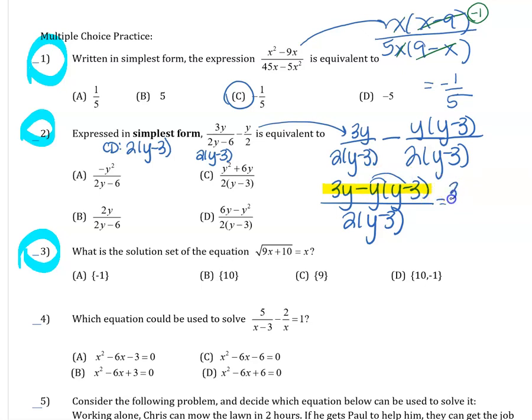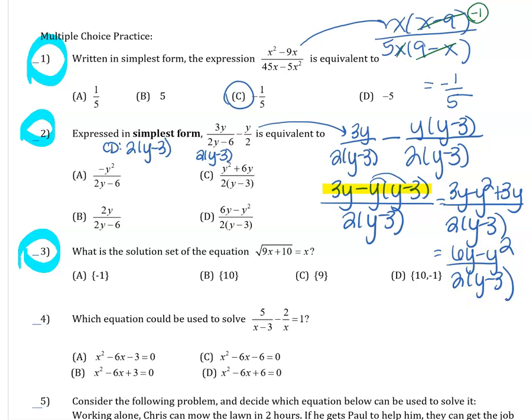So I have 3y minus y squared plus 3y all over your common denominator. 3y and 3y is 6y, so this is 6y minus y squared all over 2 times y minus 3. Now if you look at your options, it's definitely not A, definitely not B. Now you're between C and D. There's that 6y minus y squared and 2 times y minus 3. That's your correct answer at D.